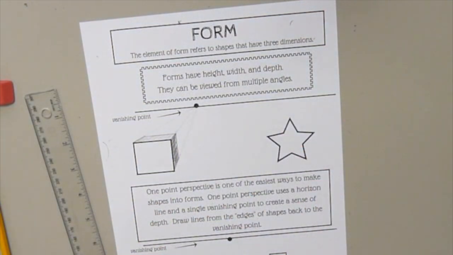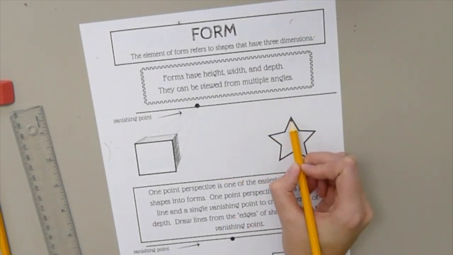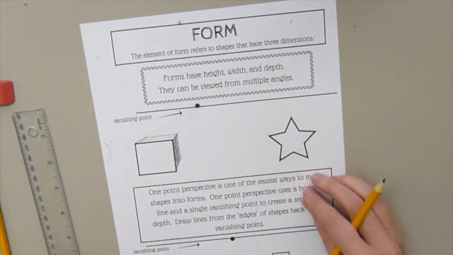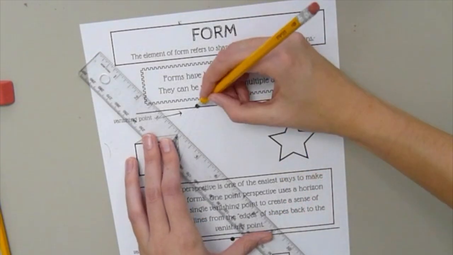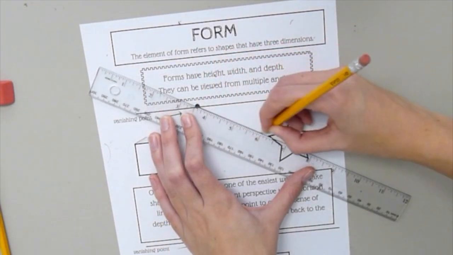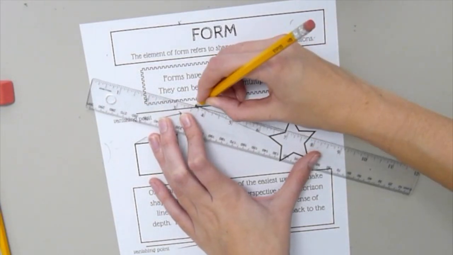Now I'm going to do my star. Remember, I'm going from the vanishing point to all the corners, and there are a lot of corners to my star, so let's get started. Put my pencil at the vanishing point and start going to all my corners. Swinging my ruler.